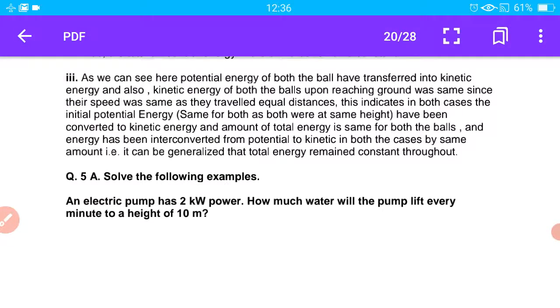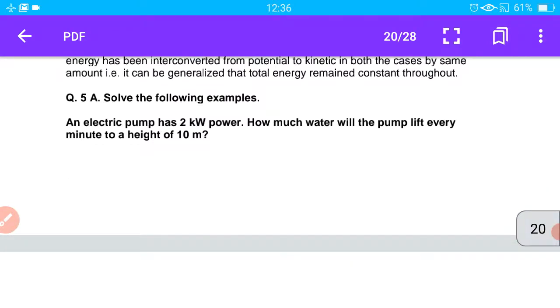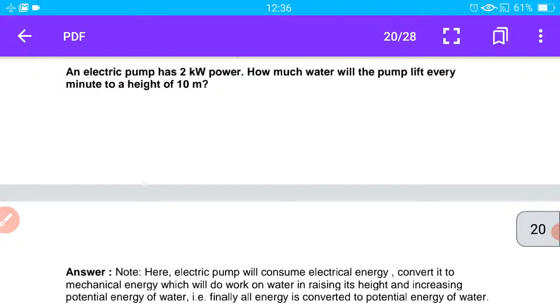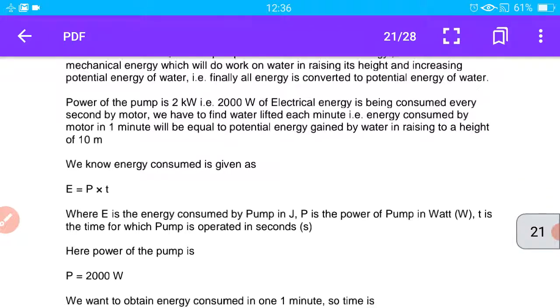Question number 5a. Solve the following examples. An electric pump has 2 kilowatt power. How much water will the pump lift every minute to a height of 10 metres? Answer.